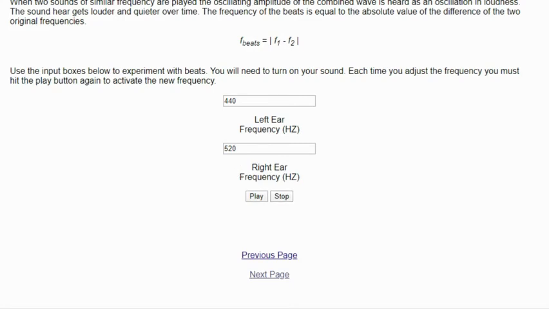Certainly, if you went up an octave, I'll go to 880 because if you double it, you get an octave. Those are the same note, A. 440 is concert A, so 880 is an octave above that. Those are the same note, and they actually sound pretty good together because two notes that are an octave apart are certainly consonant with each other.